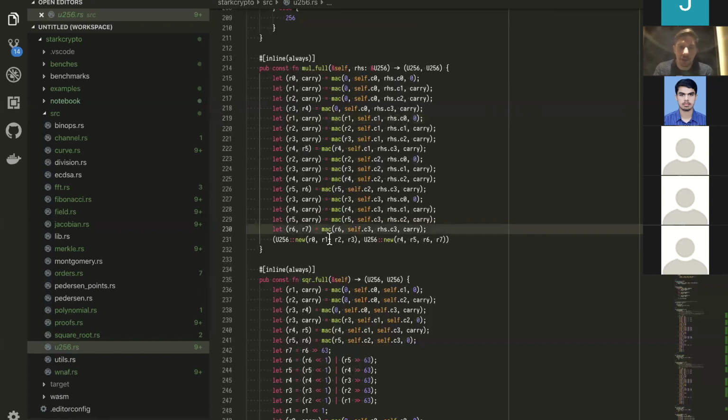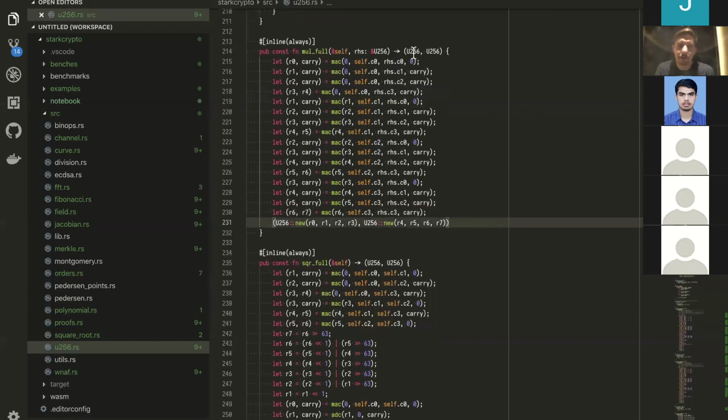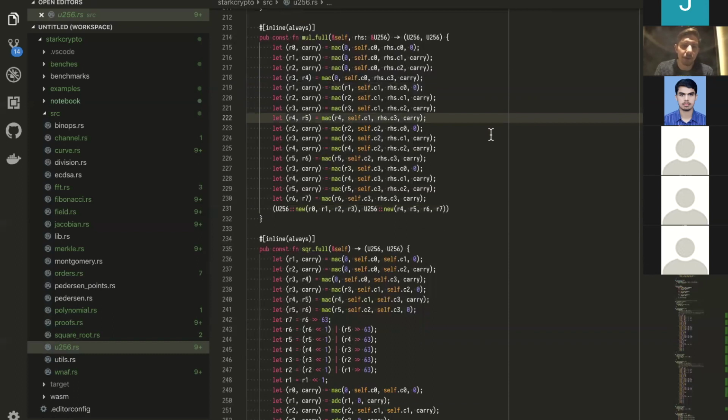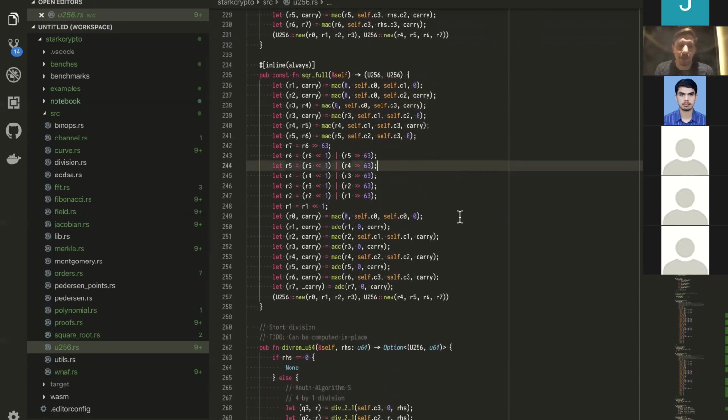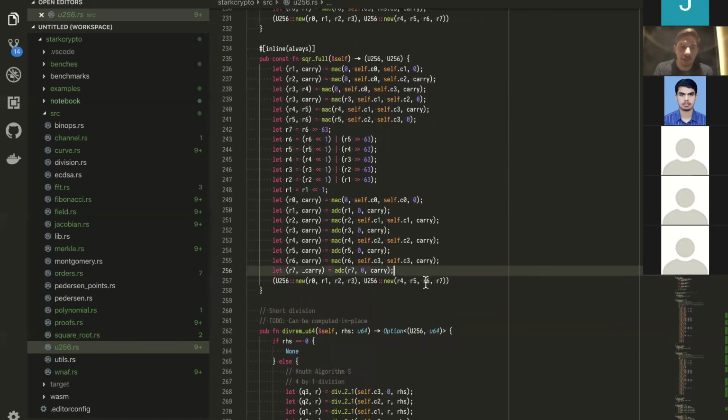And in the end, you'll end up with an 8-limb result that you can store in 2 of your U256. If you're squaring a number, if you're multiplying by itself, you'll find that some of the limb multiplications you're doing are redundant. So you can replace them with, for example, shifts and adds and things, which simplifies it.